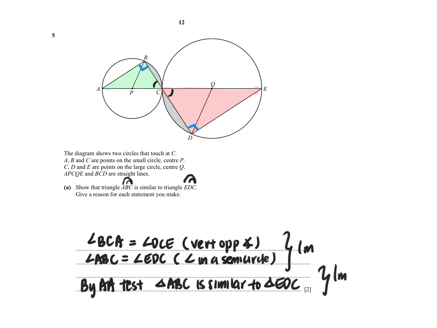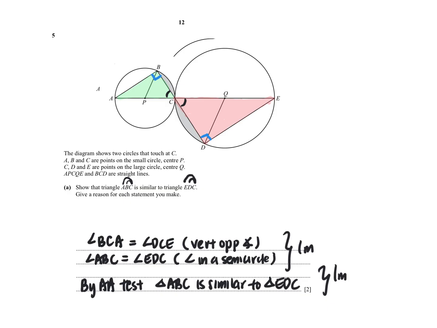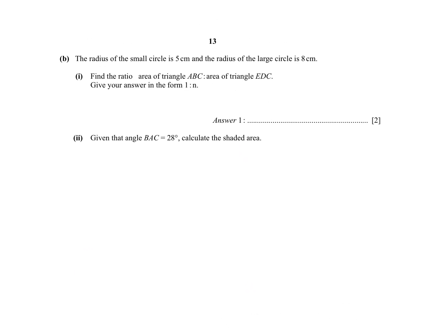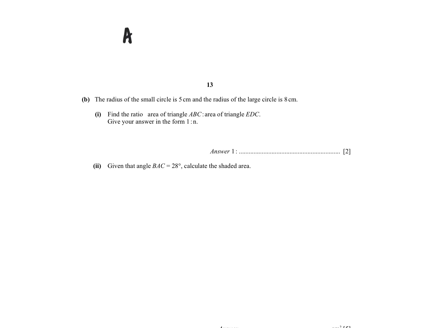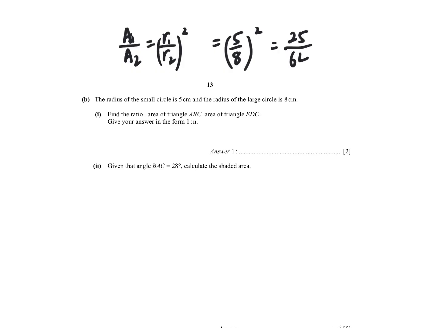These 2 circles, let me bring over. Okay, this one. Radius of the small one to the big one is 5 to 8. Remember we have A1, A2, R1, R2 squared. So if they tell me the small one to the big one is 5 out of 8 and then you square it, you will give me 25 to 64.